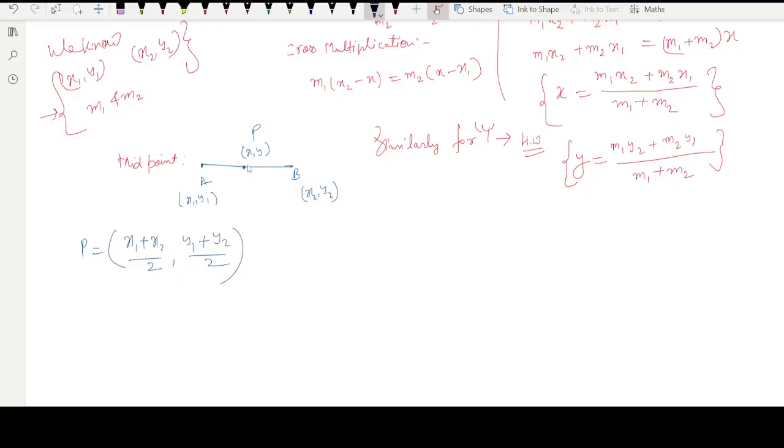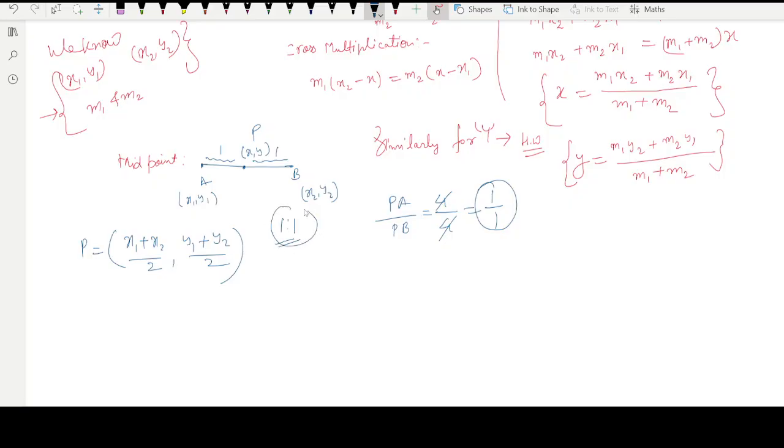It is simple. If this is the midpoint, then PA and PB are equal. Let's say PA is 4 and PB is also 4. We can cancel in simplest form and get 1 to 1, so the ratio is 1 is to 1.